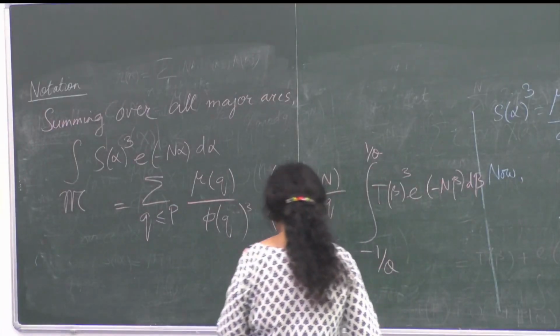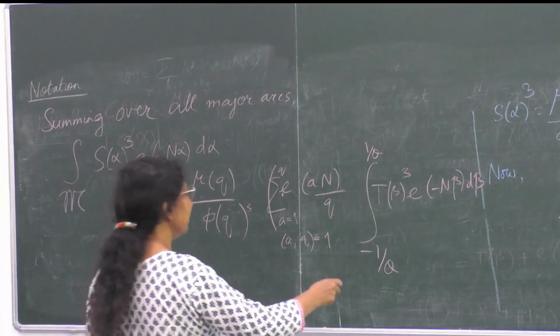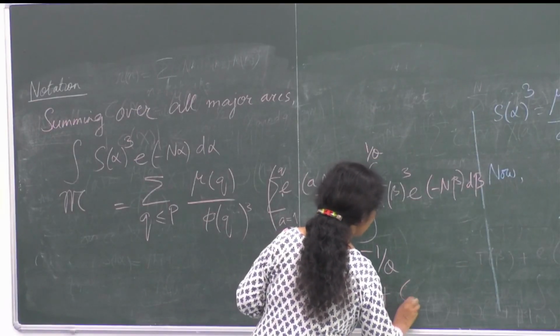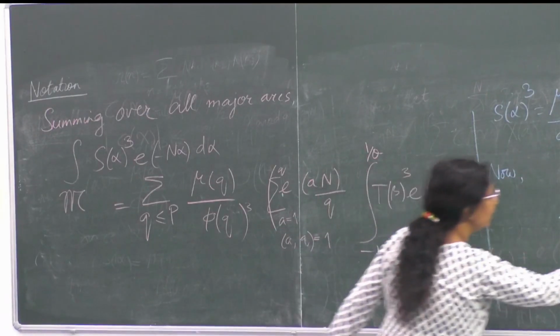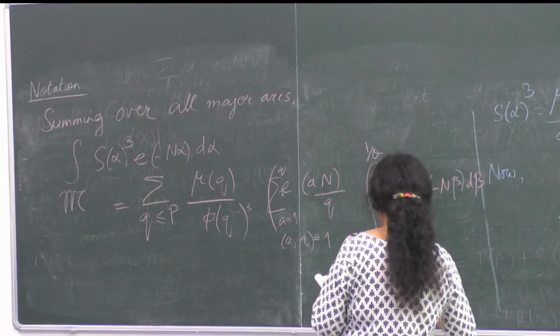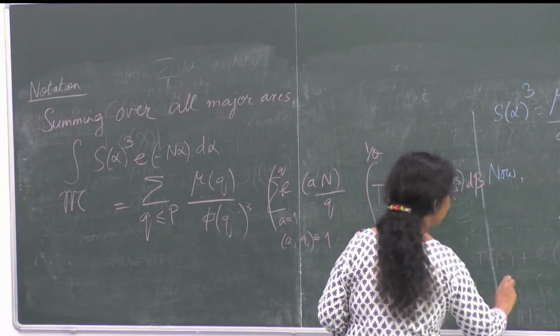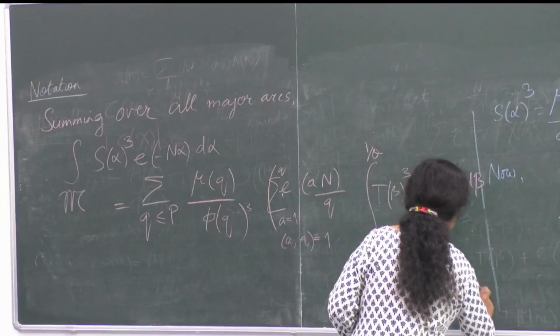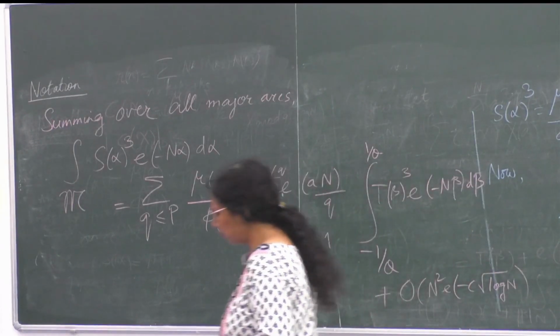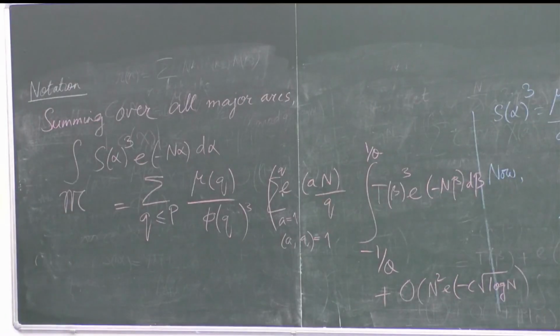What remains is an error term, that's big O of n square exponential some constant. Maybe I haven't been very good with the constants. I've kept them always C. Maybe I should have changed the name sometimes.